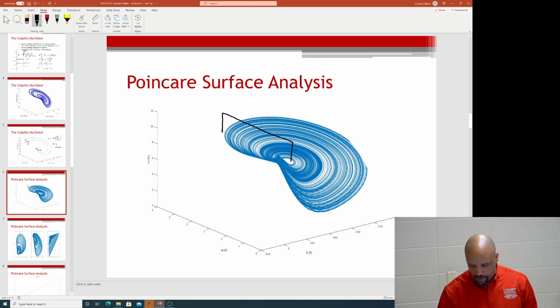It's a surface that cuts through this flow, and we're going to assume that it's moving in this direction. So it's going to come through here, it's going to pierce this surface and leave a point when it passes through. Same thing for all of these.